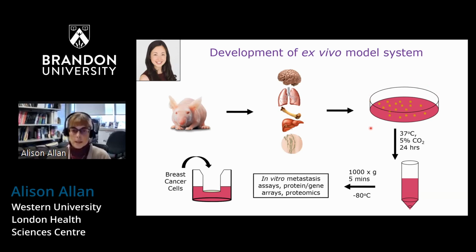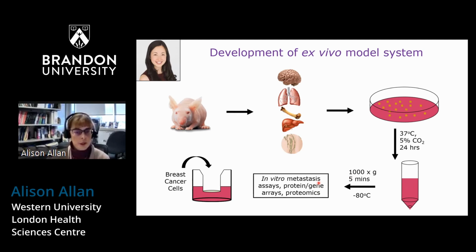Basically she developed conditioned media from each of the organs, where they release soluble factors specific to each organ. She spun that down to get rid of the cellular debris. And then she used that to treat breast cancer cells and assess functional behavior, again, things like migration and invasion.